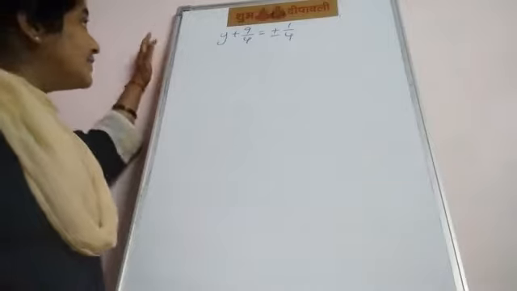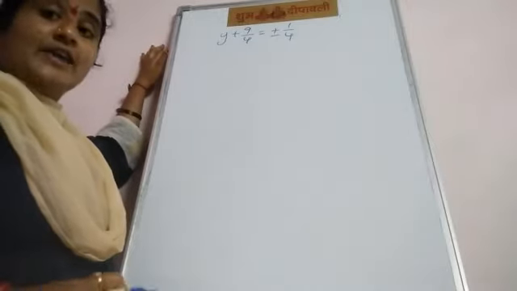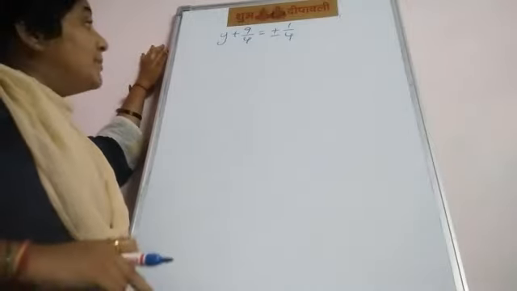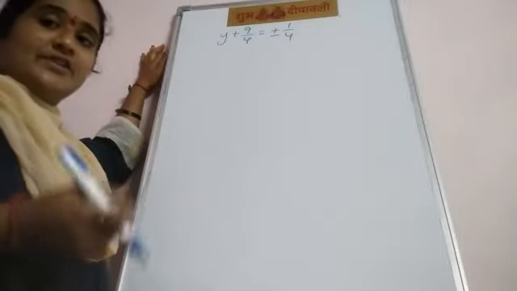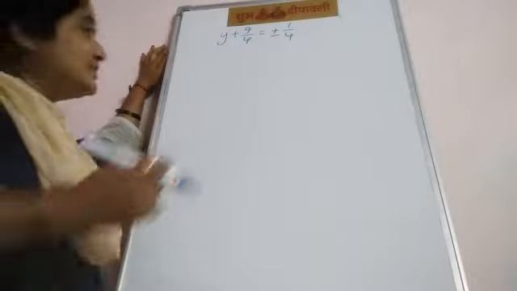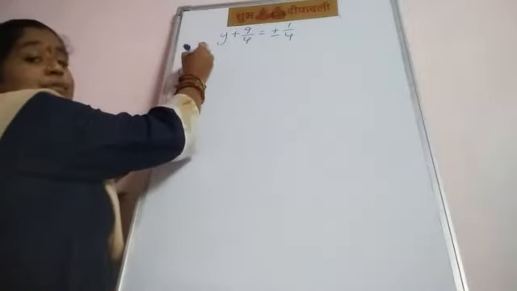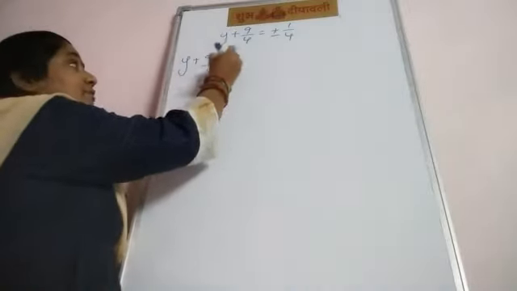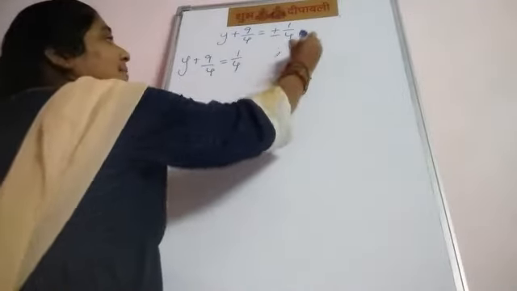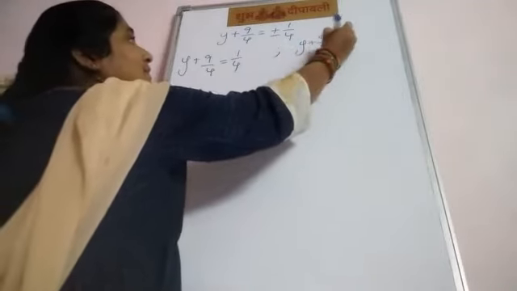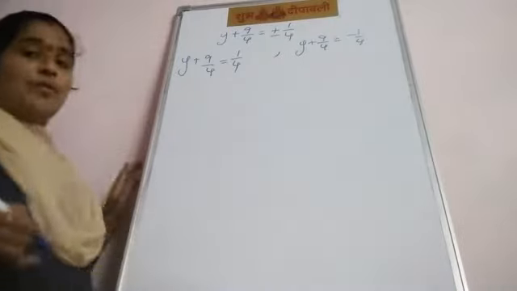Students, now what did we get? y plus 9 upon 4 equal to plus or minus 1 by 4. Here two signs are there. First one is positive and second one is negative. You separate. y plus 9 upon 4 equal to 1 upon 4, which is positive. y plus 9 upon 4 equal to minus 1 upon 4.